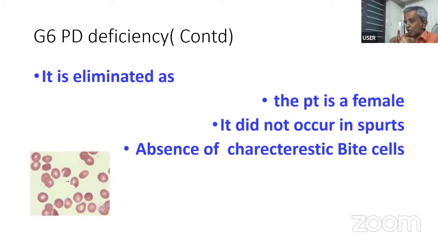Exceptions are the Lyon hypothesis, where there is random inactivation of the X chromosome, which can occur, and therefore it expresses. Number two, Turner syndrome, and number three, a carrier female marrying an affected male. Mosaic pattern also is part of it. You've got generalized mosaic and focal mosaic pattern. Agreed. That follows Lyonization. Beautiful.